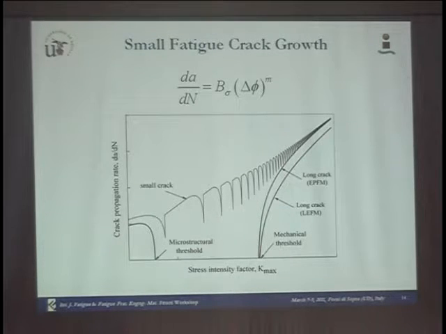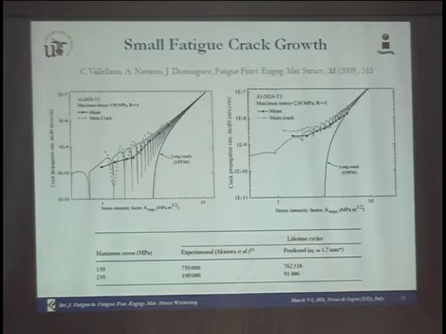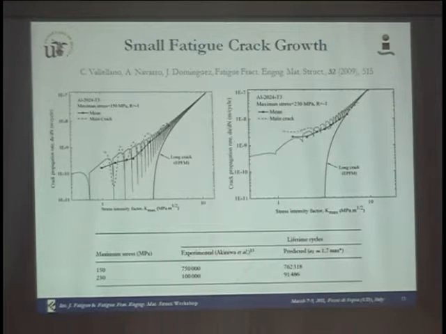And in a recent publication, we have validated the model using different results for small cracks. For instance, I present here two pictures of the results by Akiniwa and Tanaka.